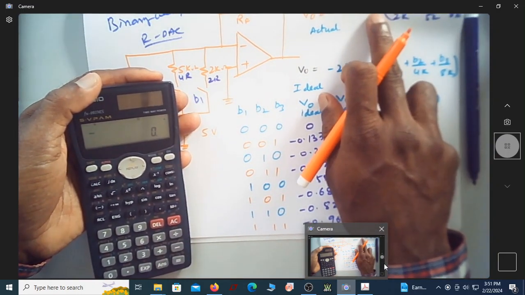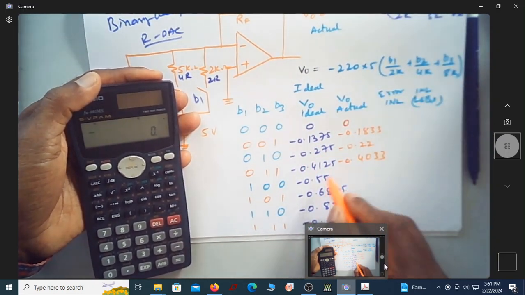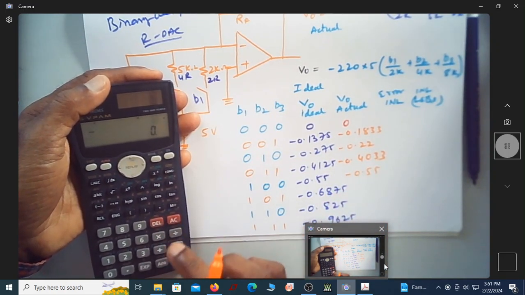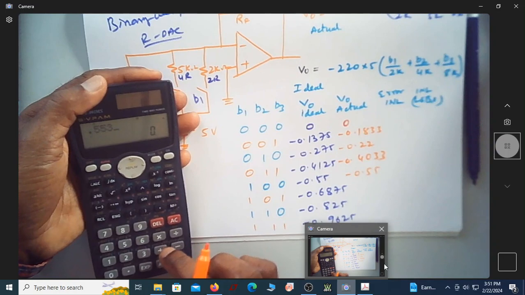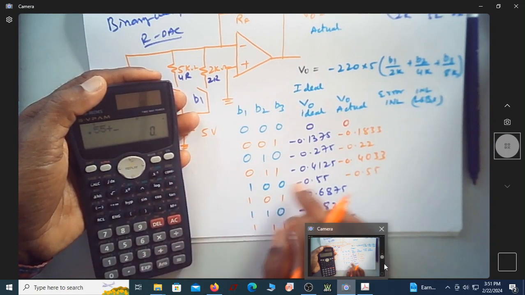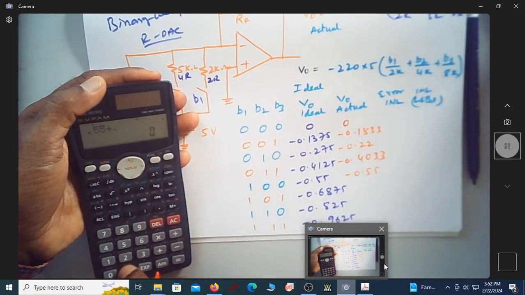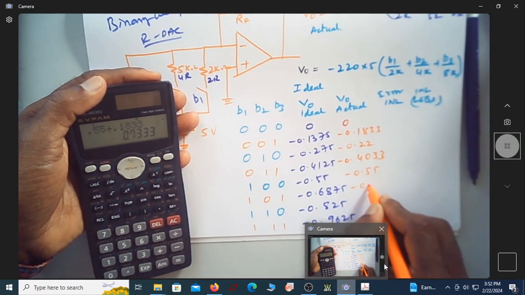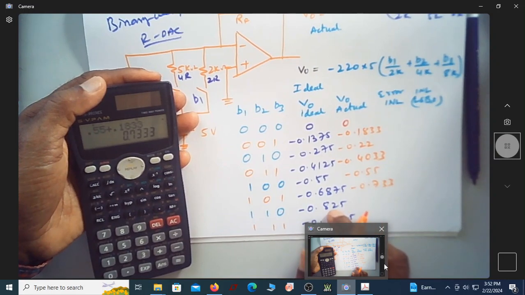I think this is fine because 2K happens to be 2K, so it will be this value only, minus 0.55. Next it is 0.55 plus this LSB, 0.1833. Is it actually minus 0.733? How much is this?